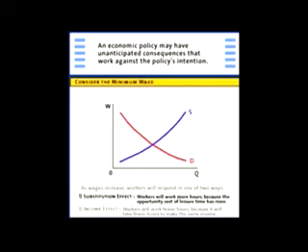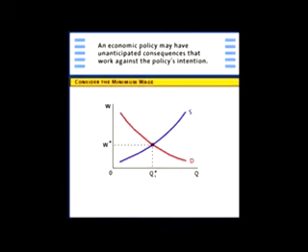If we drop our line down here, we'll see this is the quantity of labor that would be supplied and demanded in the labor market at equilibrium, and the wage at which the market clears would be W star. So this might be something like $5 an hour, and this might be 100 hours a week in a particular labor market.